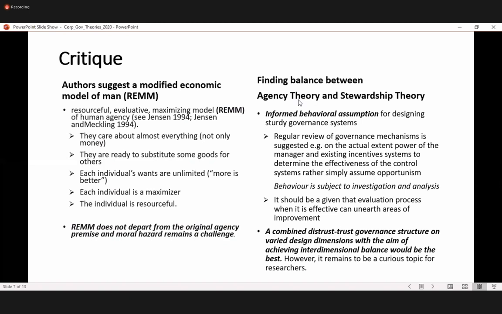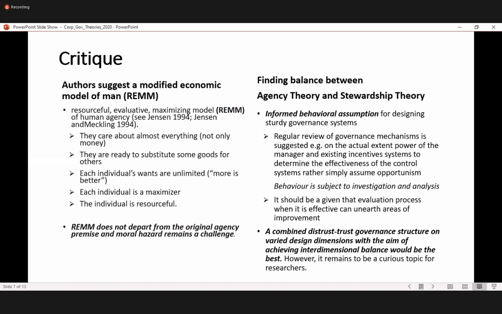So what does that mean? That there should be regular evaluation, regular review of governance mechanisms, to look from time to time at the actual extent of power of the manager or the CEO. What's the current situation? Is he going overboard?